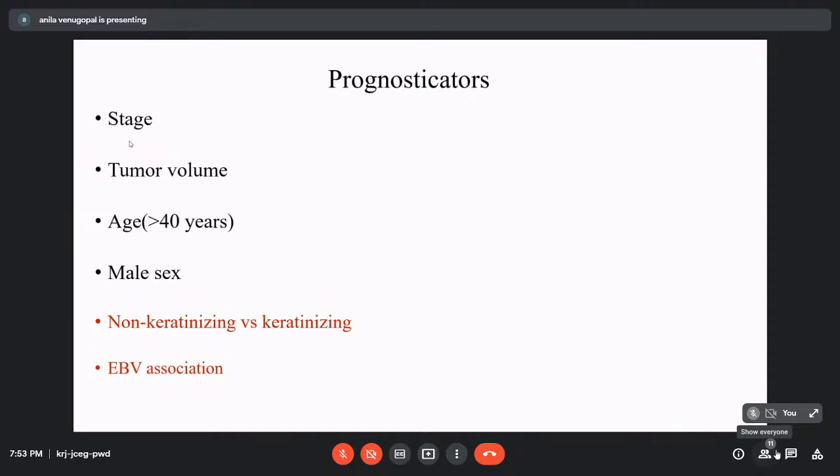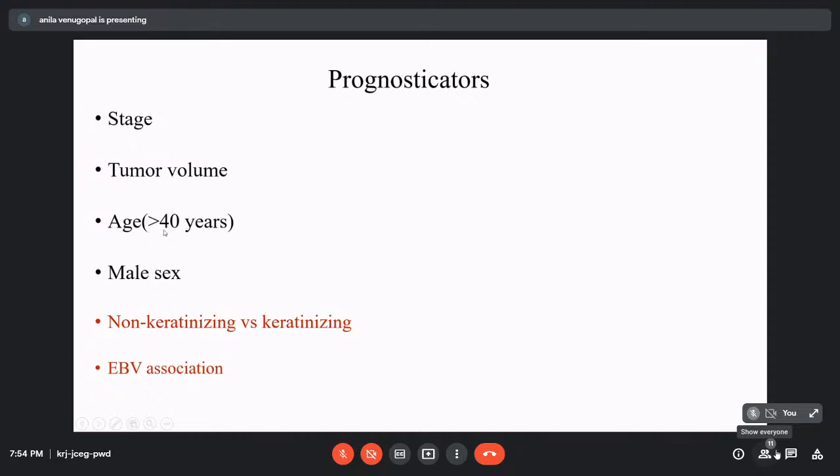So a stage 1 disease will have a better prognosis. Because of the close proximity, the tumor can go into the paranasal sinuses, with skull-base intracranial extension and involvement of cranial nerves, which all make it a stage 4 disease, and that is a bad prognostic indicator. Then tumor volume: if you have a bulky tumor, of course, it will be bad.